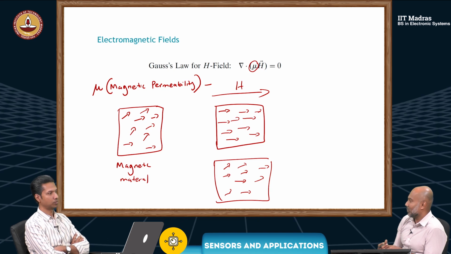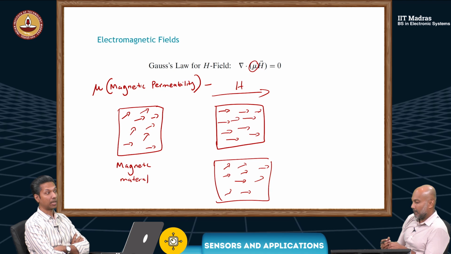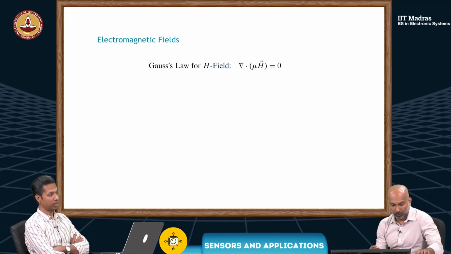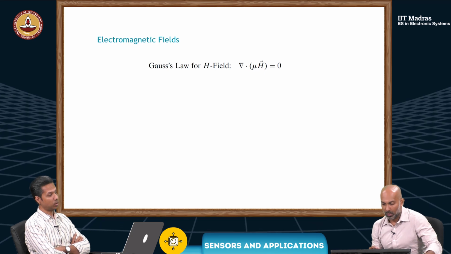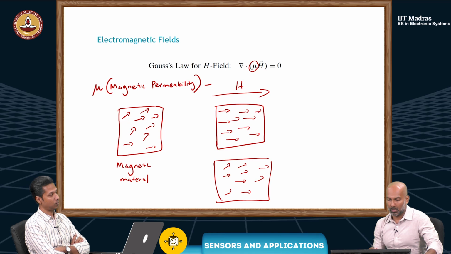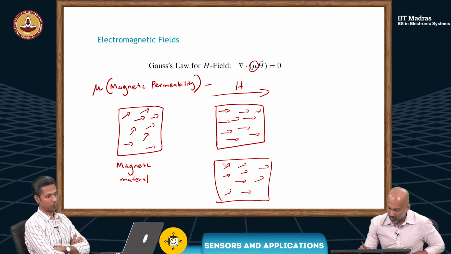So like in the electric field, where we said the electric flux density D equals epsilon E, is there something equivalent here? Yes.